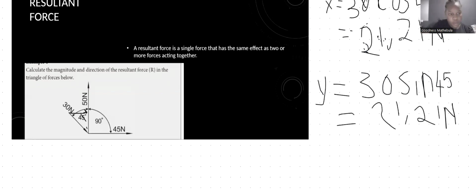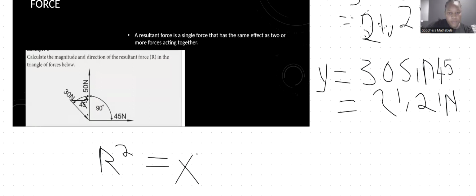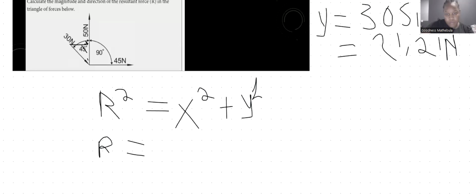This one is when you are finding your R as the resultant force.